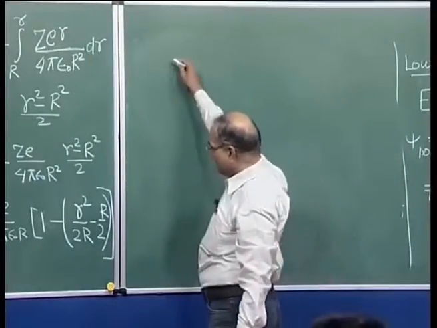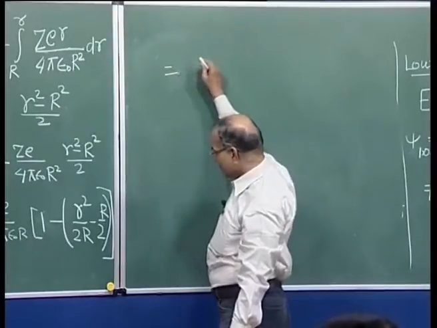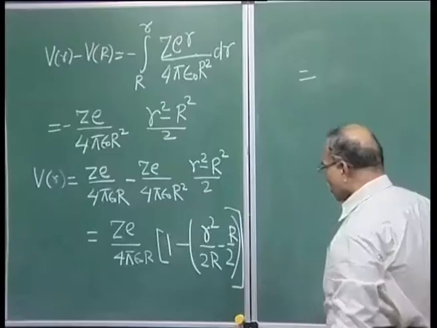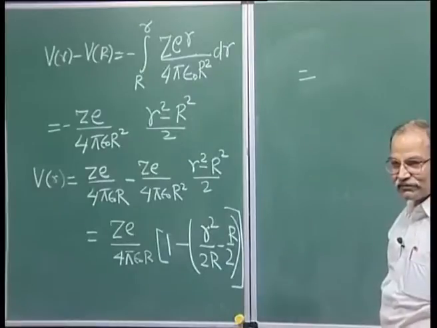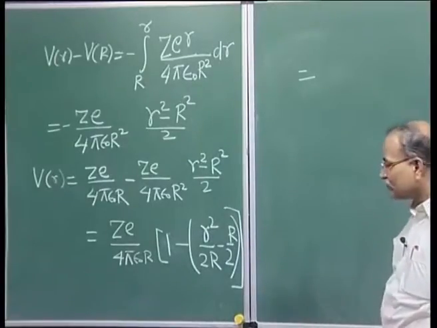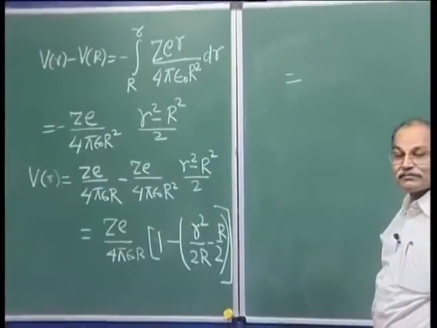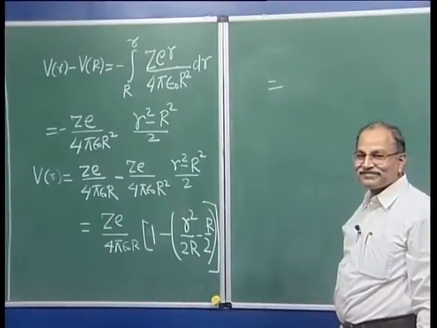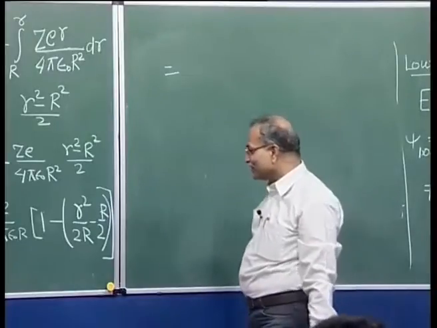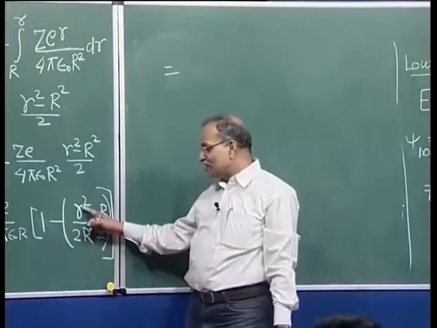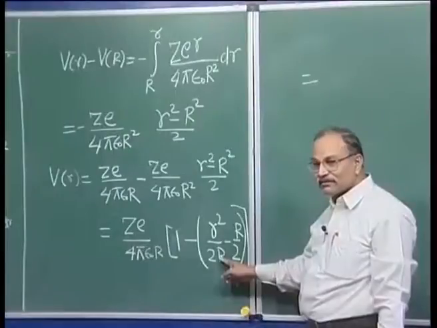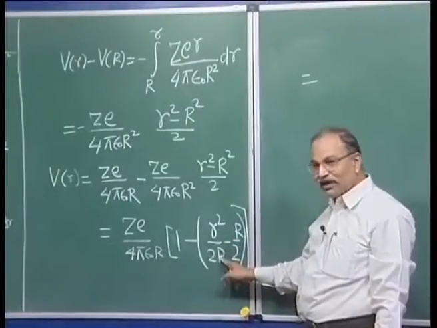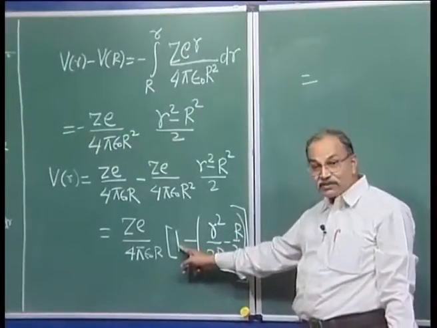So, make it better looking, but this is wrong, this expression cannot be correct. This has to be wrong, because the thing that you have here has a dimension of length, it is r square divided by r, and this is dimensionless.